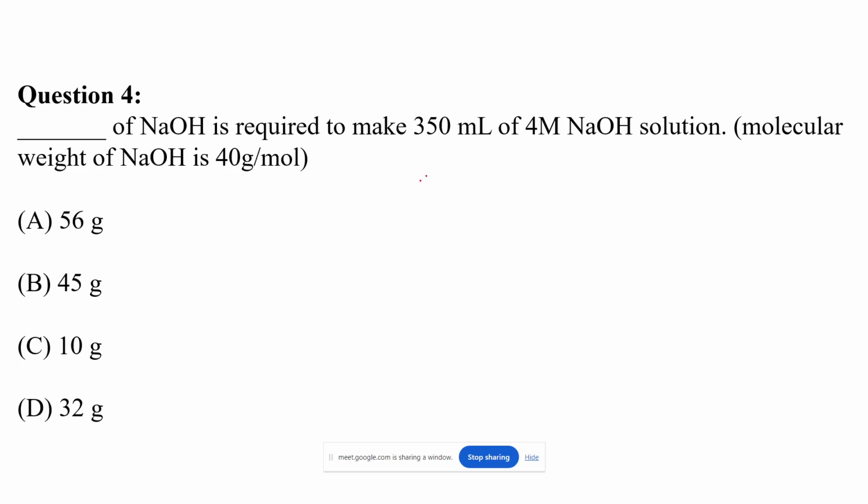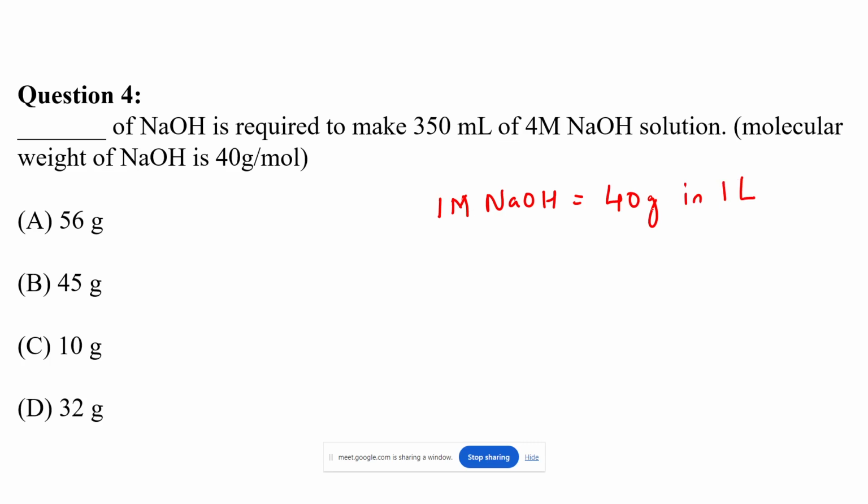So we have to make 350 ml of 4 molar NaOH solution. The molecular weight of NaOH is given as 40 grams per mole. What do you mean by this? It means that a 1 molar NaOH solution will have 40 grams of NaOH in 1 liter of water.